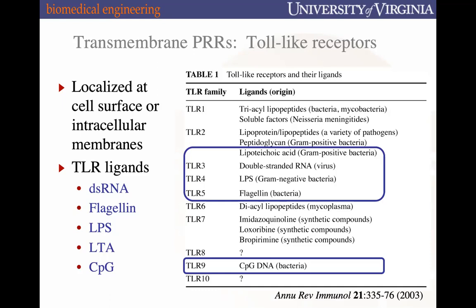And lastly, TLR9. In segments of our DNA where there are lots of C and Gs, a C and G rich part of our DNA, we call those CpG islands. It is typically methylated for us. In bacteria, it's unmethylated. So, despite it not saying here, TLR9 recognizes unmethylated CpG islands.